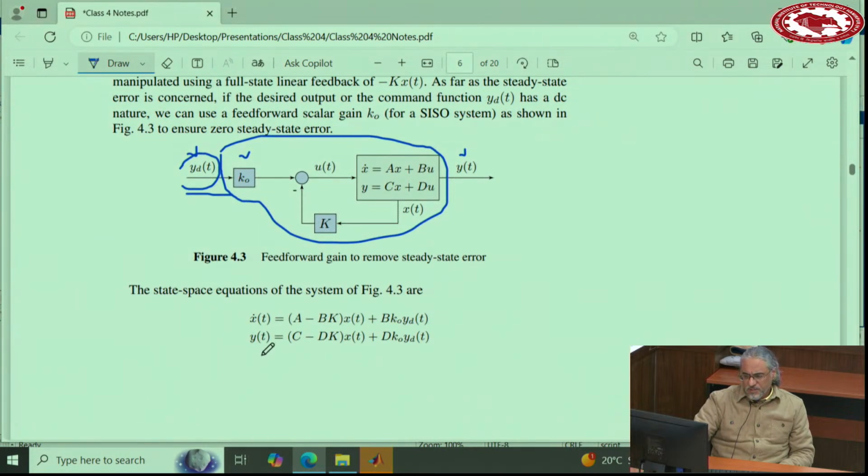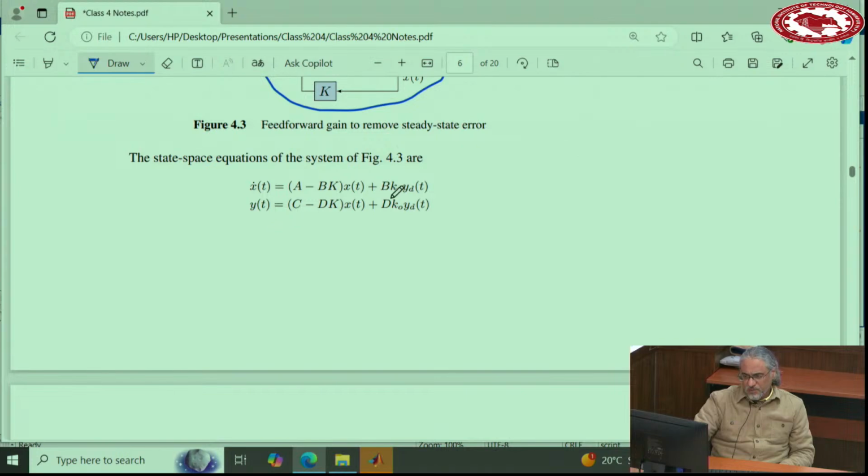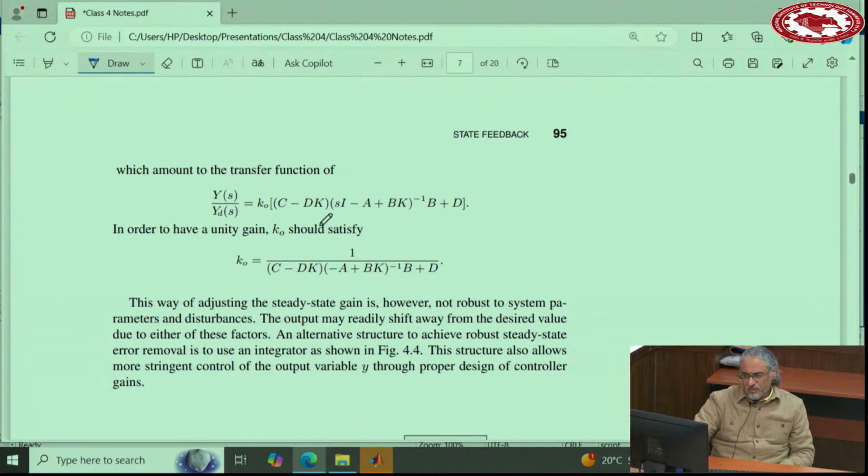So you write the state space equations for this system with K0, and then you derive the transfer function, and you look at the DC gain of this system. For DC gain, you need to put s equals 0, and choose K0 such that the DC gain becomes 1. So that's K0.